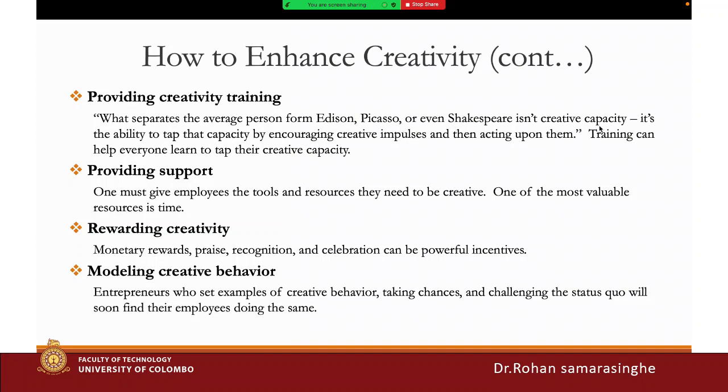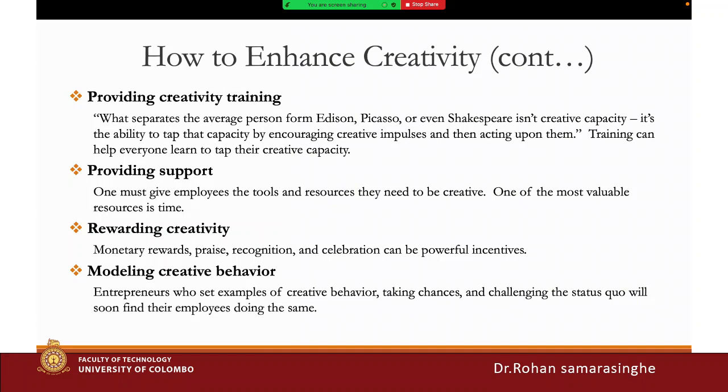So you know that we can polish it also. And also providing support, give the employees the tools and resources needed for creativity, and rewarding creativity when they introduce good ideas.